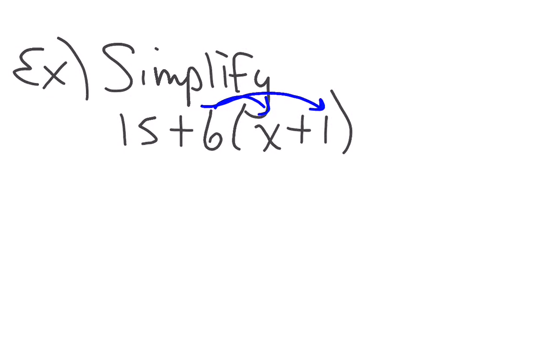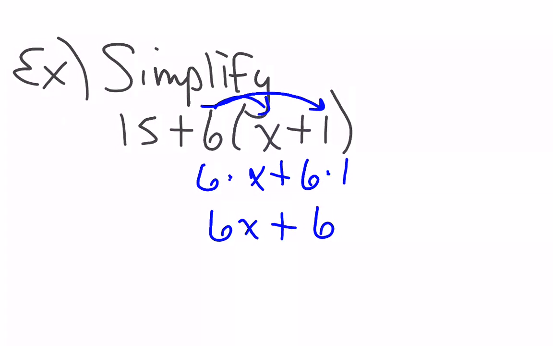And so I have to multiply that 6. So it's going to be 6 times the x and 6 times the 1, just to remind ourselves about the distributive property. And so 6 times x is 6x, and 6 times the 1 is 6. And don't forget we have a 15 hanging out over here.